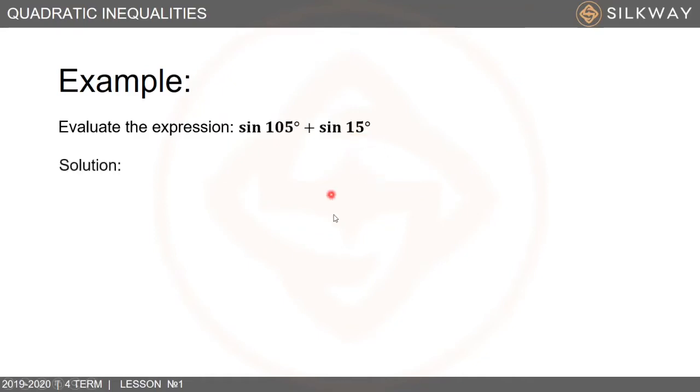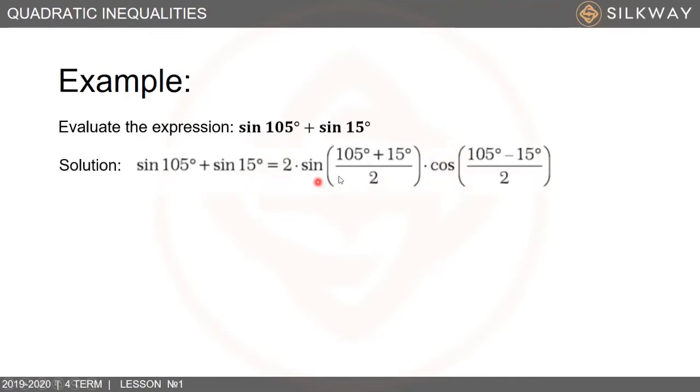Then we use the formula. 105 plus 15 divided by 2 will be sine 60 degrees. And 105 minus 15 divided by 2 will be cosine 45. We know the values of sine 60 and cosine 45. And here the 2's are cancelled, and our answer is square root of 6 divided by 2.